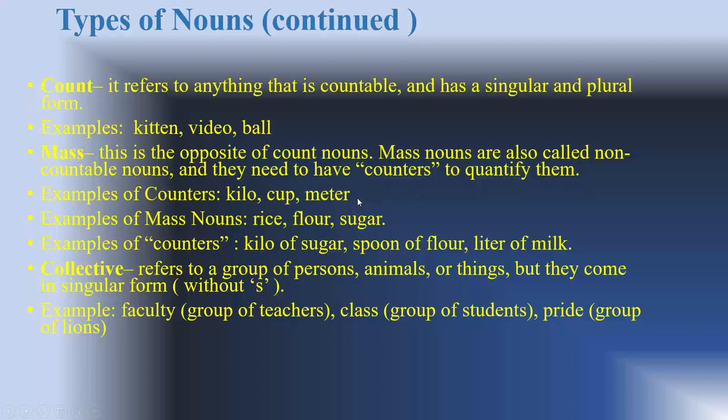So we should not get confused. A meter of cloth, but we can't say a meter of clothes. Examples of mass nouns: rice, flour, sugar. Now counters: kilo of sugar, spoon of flour, liter of milk.